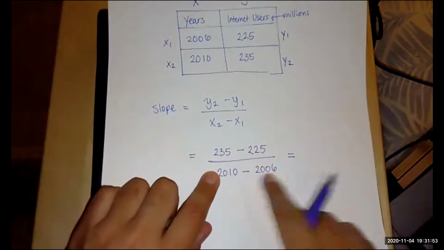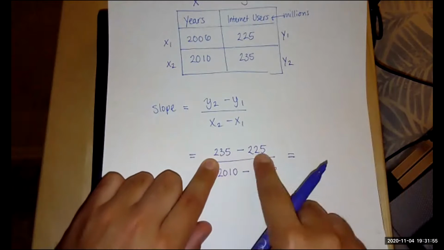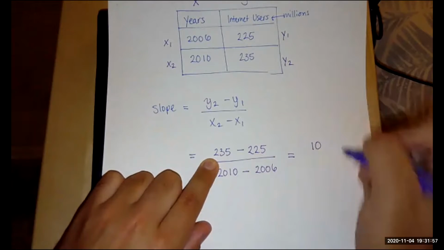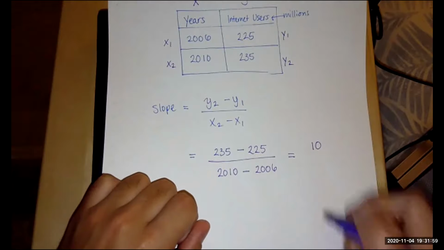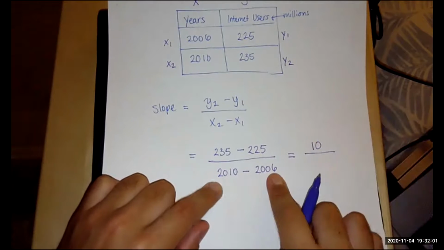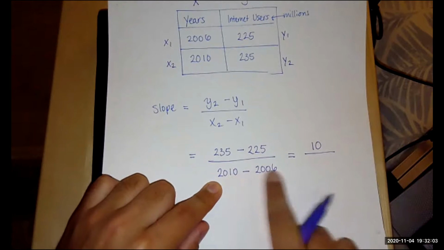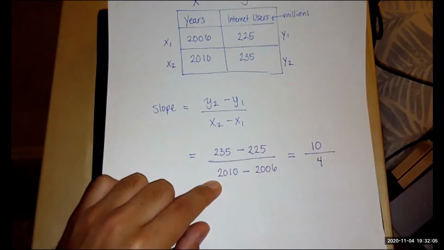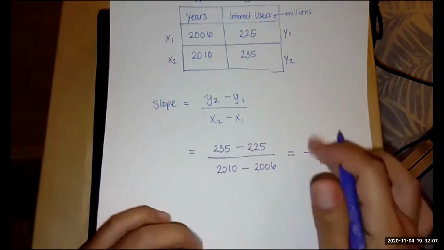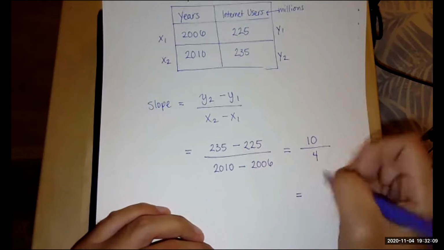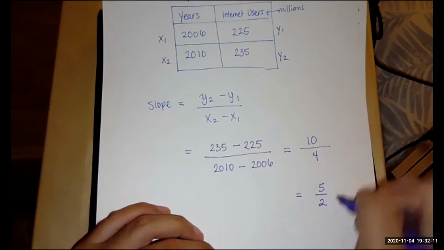And then if we do the subtraction, this should only be 10. And down here, the difference between 2010 and 2006 is just 4 years. So then we can simplify this fraction and call it 5/2.